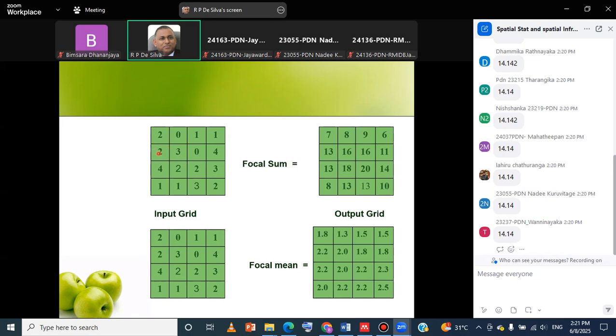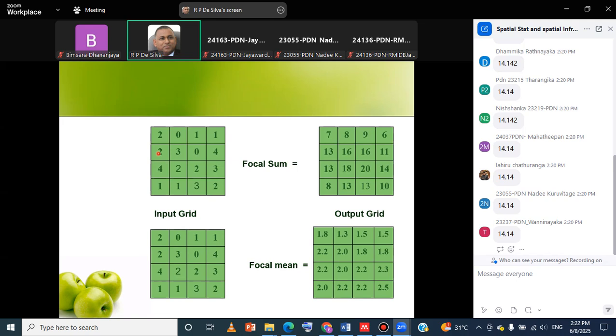So even though you take eight-way connectivity, boundary cells may not find sufficient neighbors. But what you do is you take whatever the available area. Although you don't have all 8 cells in the surrounding, you use whatever the cells you have in the surrounding, whatever the available cells, to calculate the values.